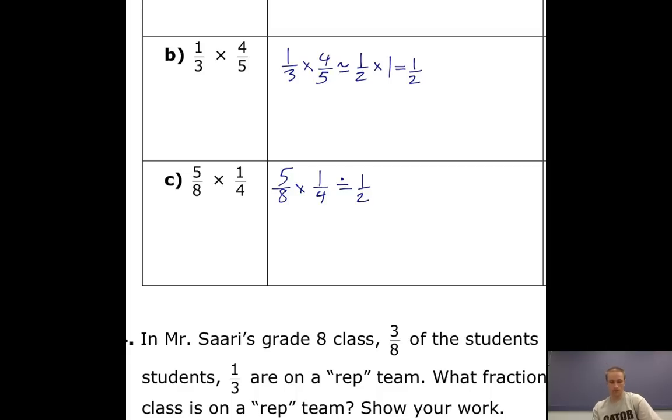And 1/4, now I've rounded 5/8 down to 1/2. 1/4 I should round up to approximately 1/2. On top of that, if you went down to 0, because I know 1/4 is halfway between 0 and 1/2, but if we went down to 0, multiplying by 0 makes the whole thing 0, and that's just going to be way off. So 1/2 times 1/2 is 1/4, and this is our estimate.